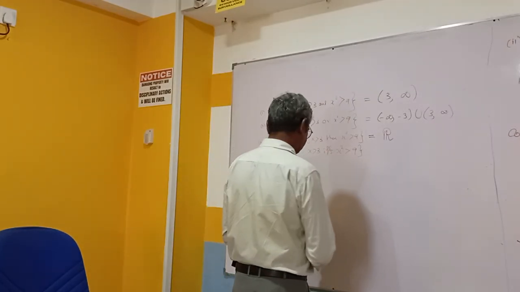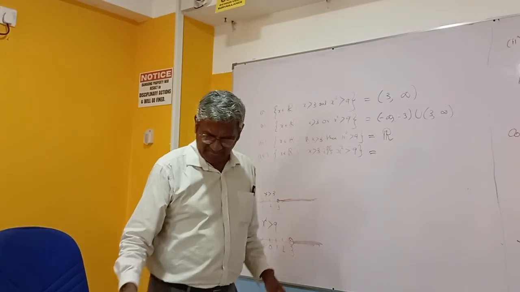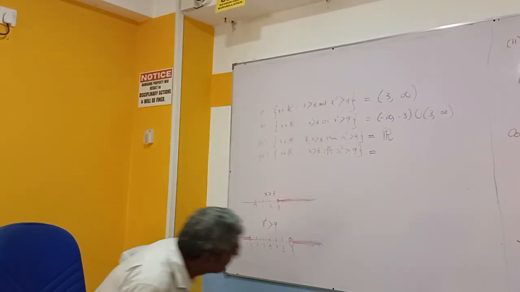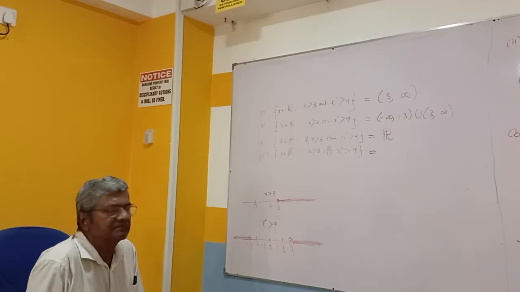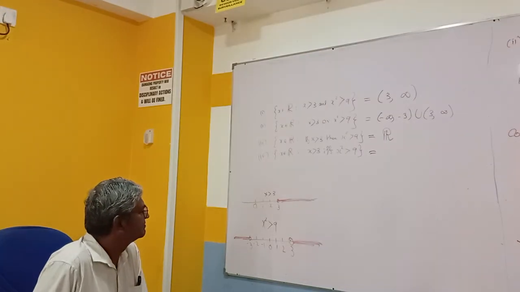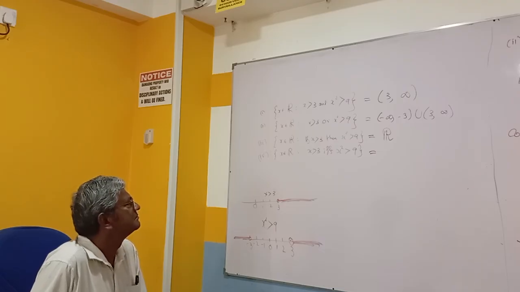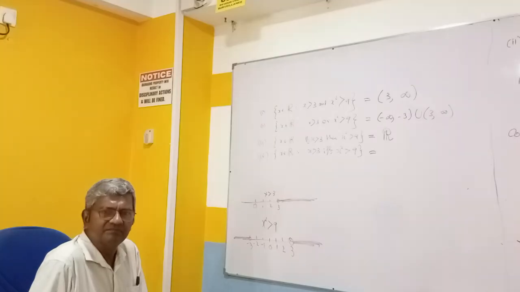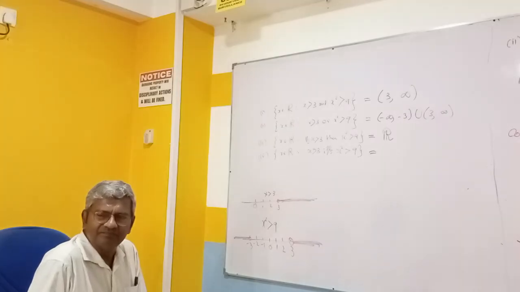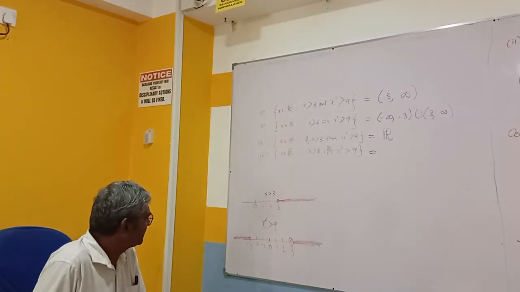Then the last one, x greater than 3 if and only if x squared greater than 9. X greater than 3. How about x greater than or equal to minus 3?